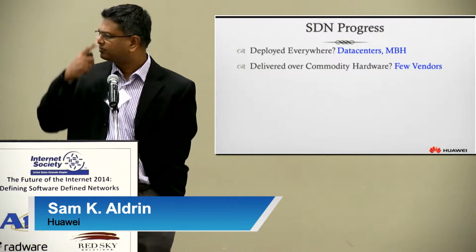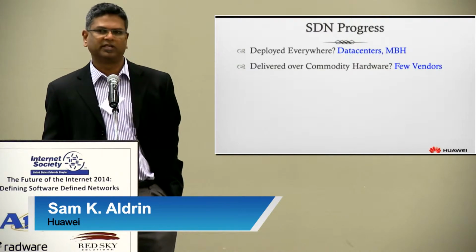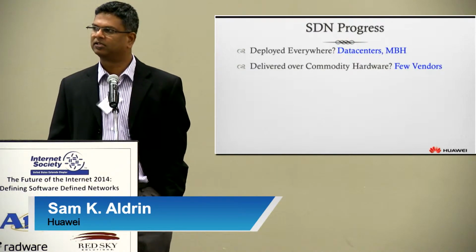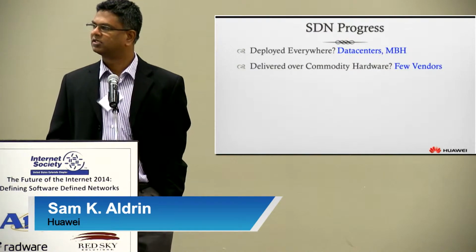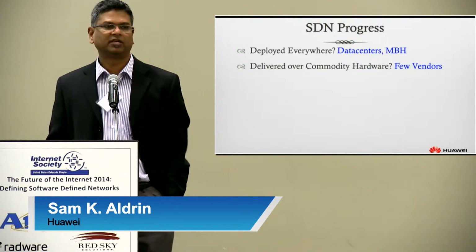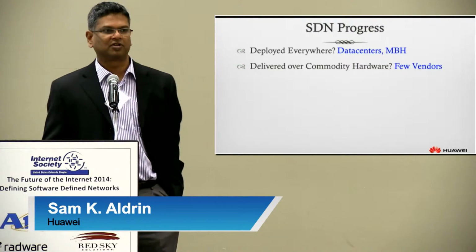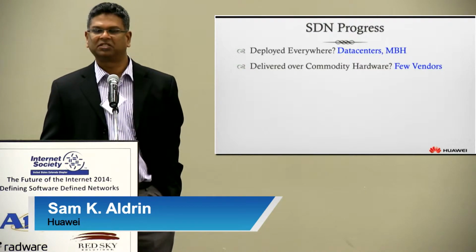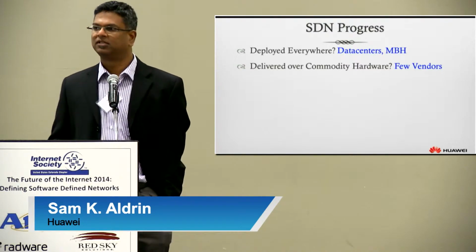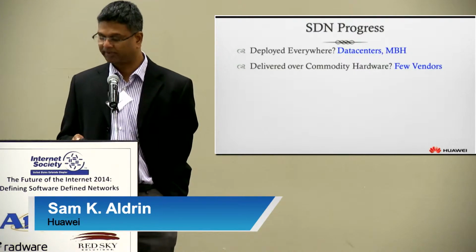With respect to commodity hardware, there are very few vendors who provide sets of hardware and say everything is now virtual and you could do that. But if you talk to major vendors, you don't find this kind of hardware made available to them.